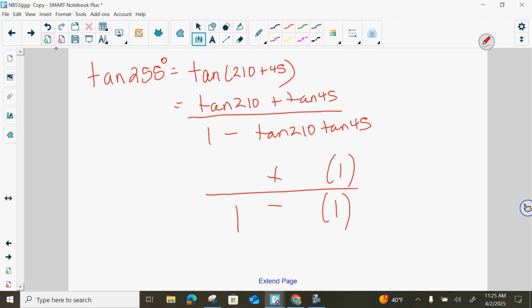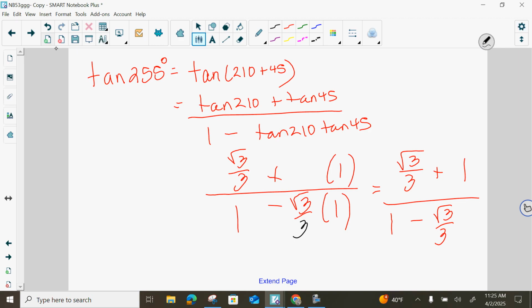So 30-degree reference angle for tangent is what? Rad 3 over 3. The pain part of this is rationalizing. So I get rad 3 over 3 plus 1 all over 1 minus rad 3 over 3.